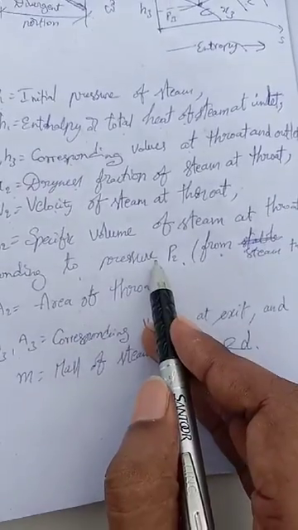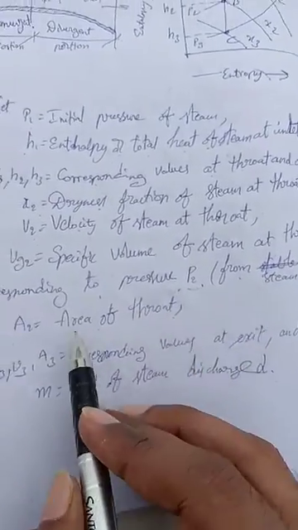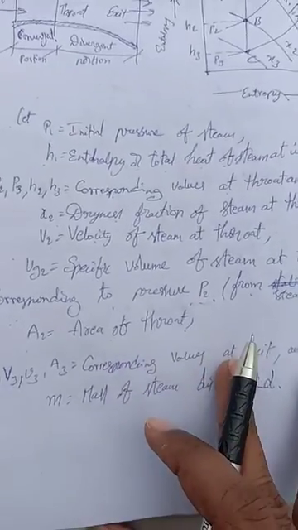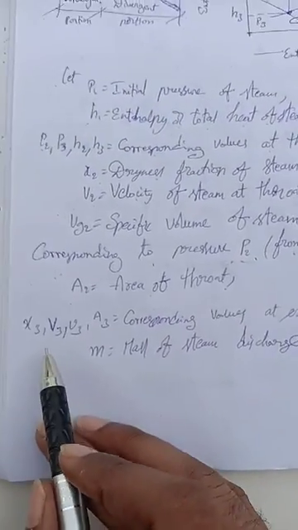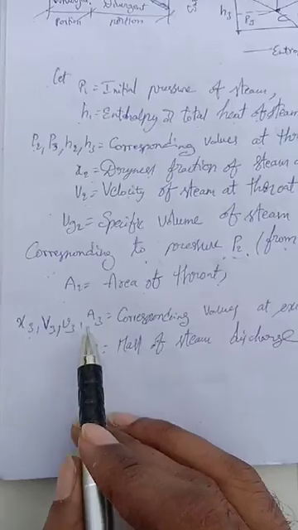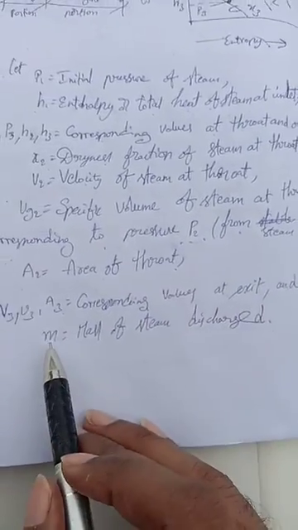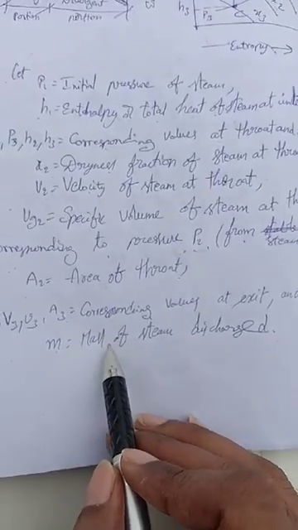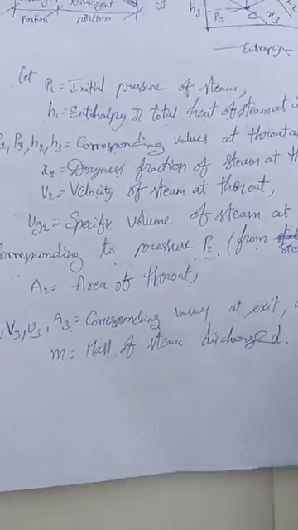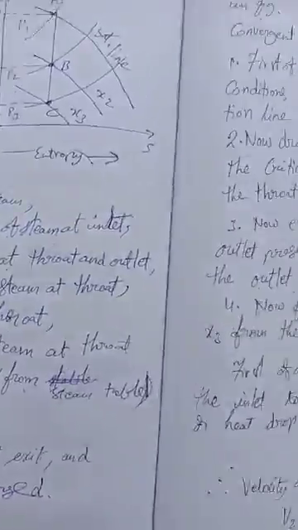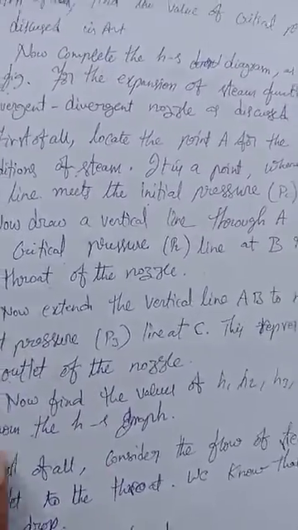ఈ వాల్యూ వచ్చేసరికి మనం స్టీమ్ టేబుల్స్లో తీసుకోవాలి. ఓకే, A2 is equal to area of throat. Now in here X3, V3, A3 corresponding values at exit, and m is equal to mass of steam discharged. Okay, so this is the total setup of diameters of throat and exit for maximum discharge.